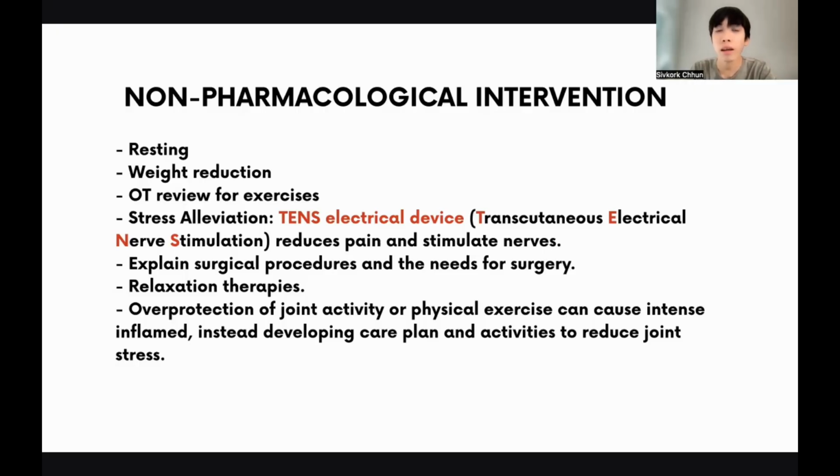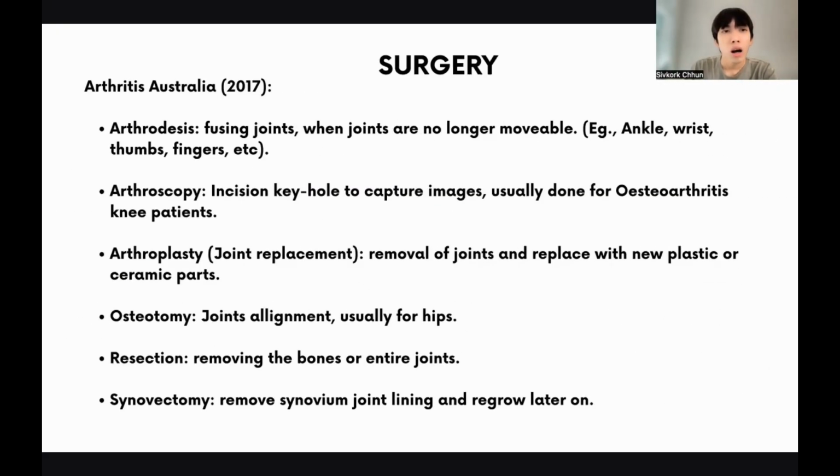It will reduce the pain and stimulate the nerves. It's basically a relaxation therapy. Overuse of joint activity or physical exercise can cause intense inflammation. Instead of that, develop a care plan activity to reduce joint stress. And surgery may be required if it's severe or the joints cannot move.